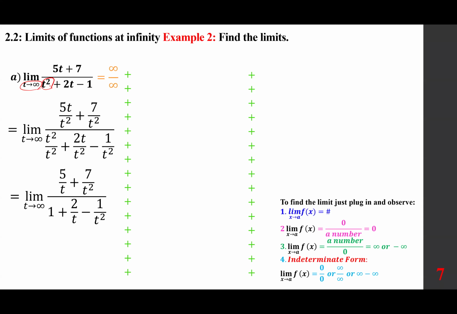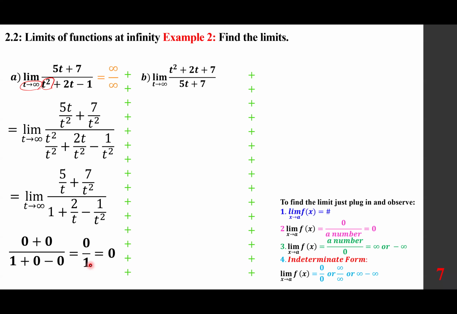Everything has the denominator t or t squared goes to 0 because the denominator is huge. So you get 0 in the numerator, 1 in the denominator, and this is 0. Again, on purpose, I'm writing the denominator is some number, and it doesn't matter what number as long as it's not 0. The result becomes 0.